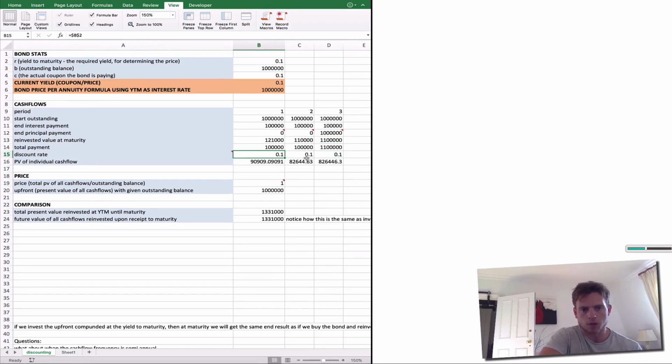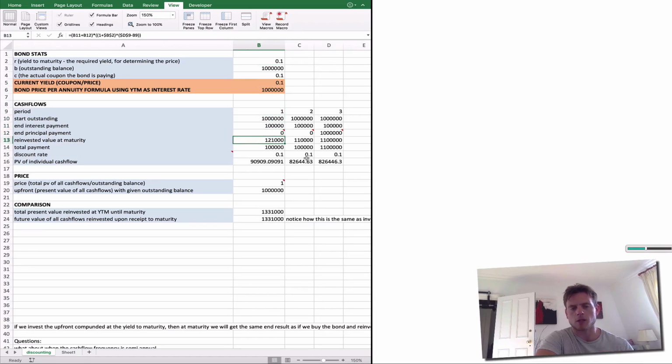Okay, then now we say, how do we price this bond? What is the fair price of this bond? We know that our assessment of what the required yield should be, what the overall return should be, is 10%, right?